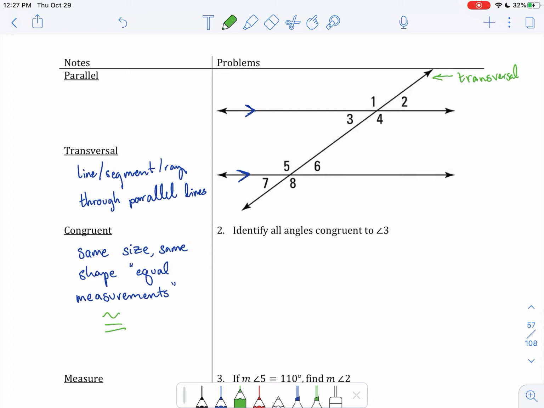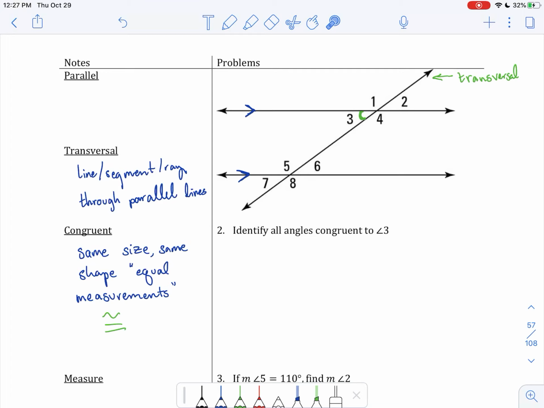Now, if we're looking at parallel lines cut by a transversal, they have this really important characteristic that it creates congruent angles. So in this case, it's number 2, identify all angles that are congruent to angle 3. So here's angle 3 here. Now, if we look at our drawing, obviously angle 3 and angle 1 are not the same.